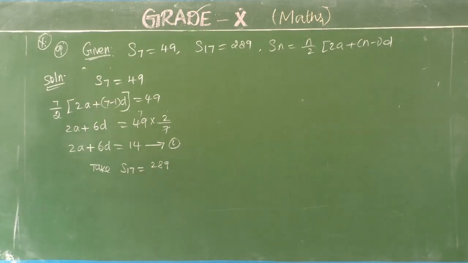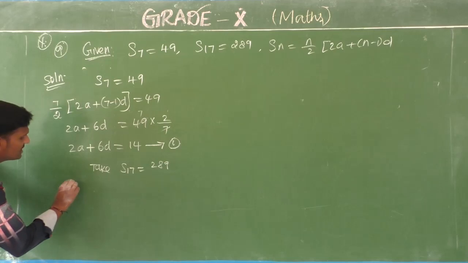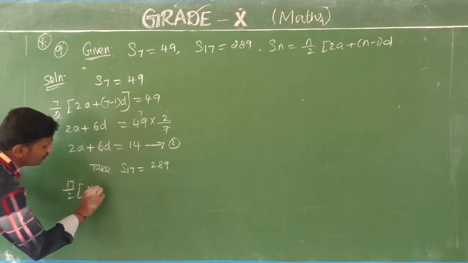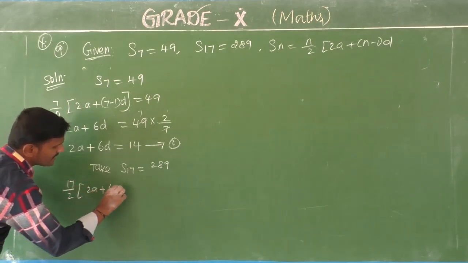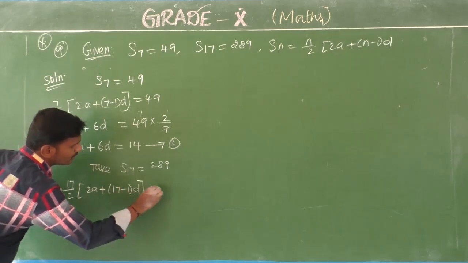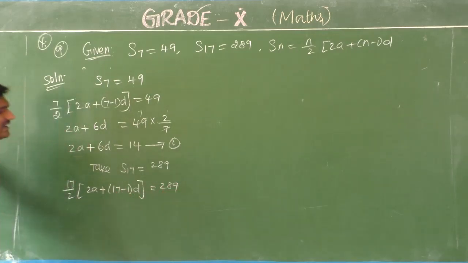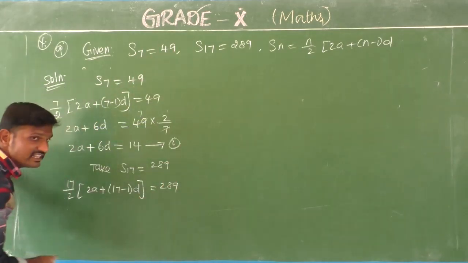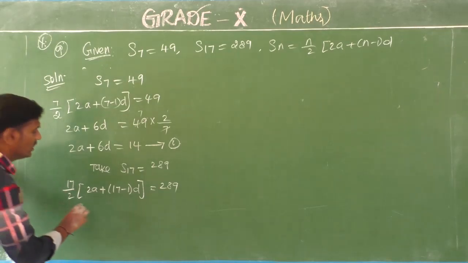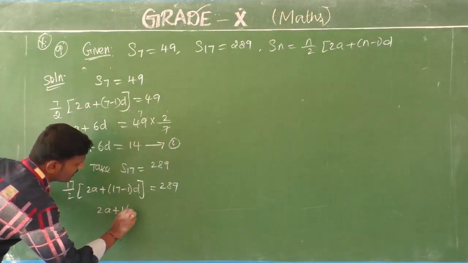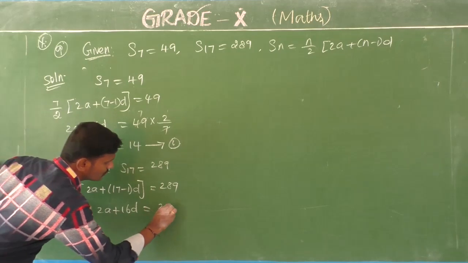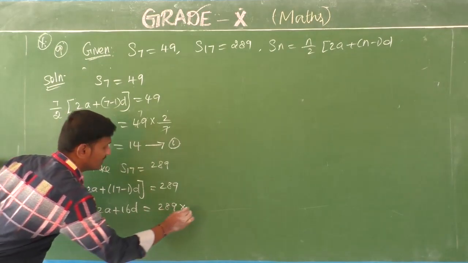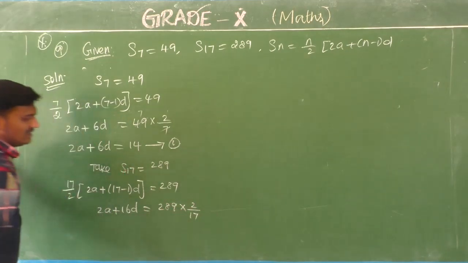Now again I am using the same formula to get 17 by 2 into 2a plus 17 minus 1 into d which is equal to 289. And here also the 17 by 2 we want to move that side, it will come as the reciprocal with multiplication. So 2a plus 16d which is equal to 289 into 2 by 17.